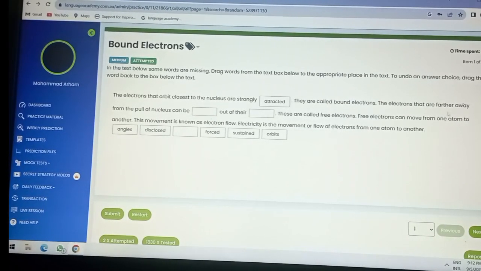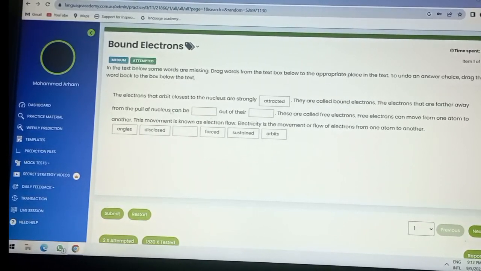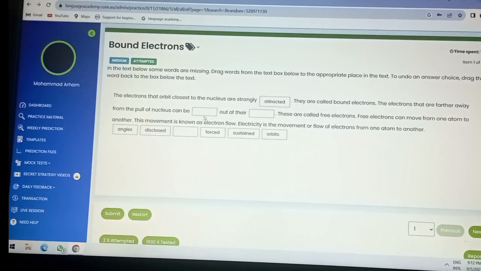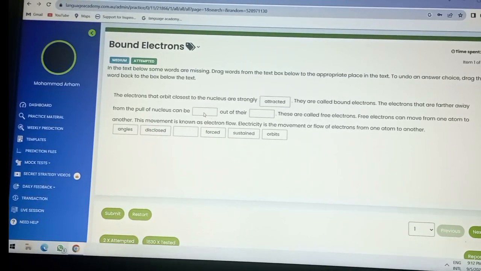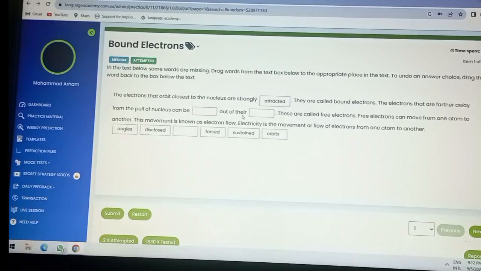The electrons that are farther away from the pull of the nucleus can be dash out of the dash. Here the clue given is "out of there".